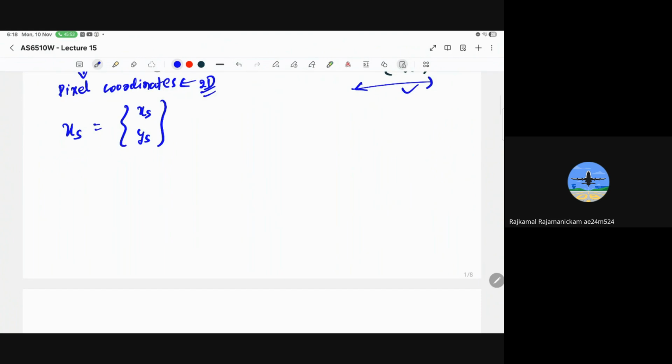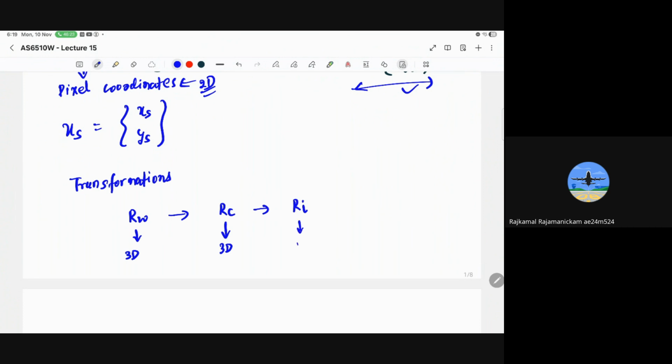Okay, so ultimately, if you write the transformations which are happening, we have RW, which is the world coordinate system in 3D, to the camera coordinate system represented by RC. This is also in 3D, to the film or image sensor of the camera, that is RI.